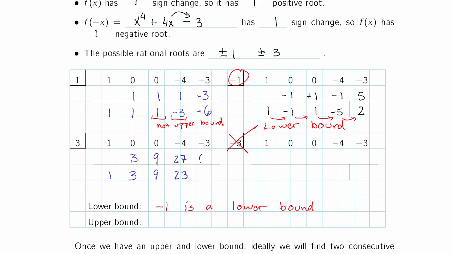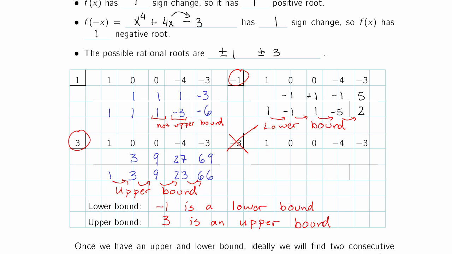Times 3 is 69, minus 3 is 66. So here we see these are all positive, and this is positive. This is an upper bound. Three is an upper bound.